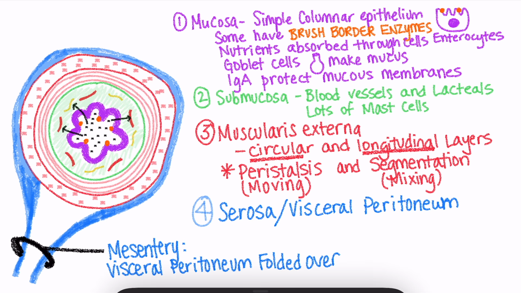And that's really important because it anchors all the coils in place. And it also is a path for vessels and nerves.